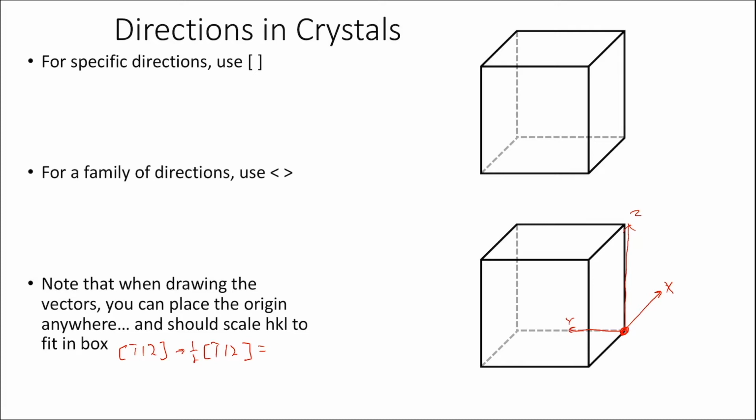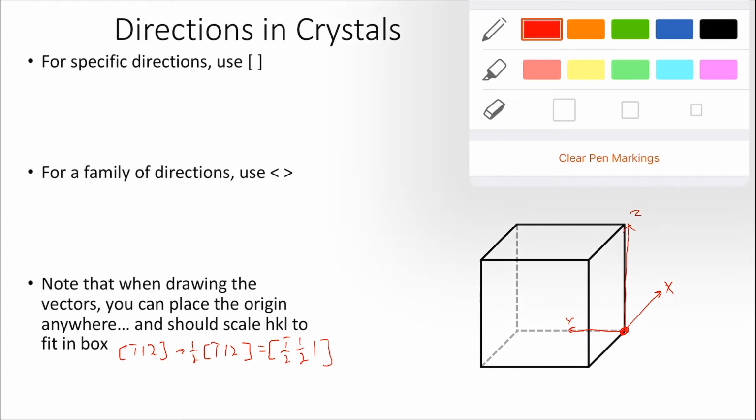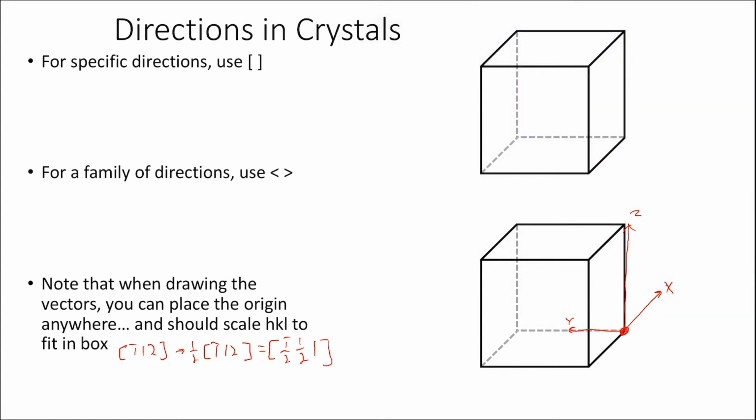So we're going to take the -1, 1, 2 and divide it by 2 so that we can scale down the z index to 1. Our new direction, which is still parallel but the length is different, is going to be -1/2, 1/2, 1. What we can do is break this down into 3 different directions using the additive property that I showed a little bit ago.